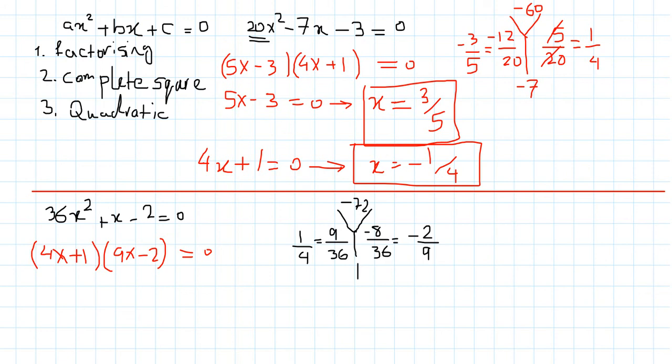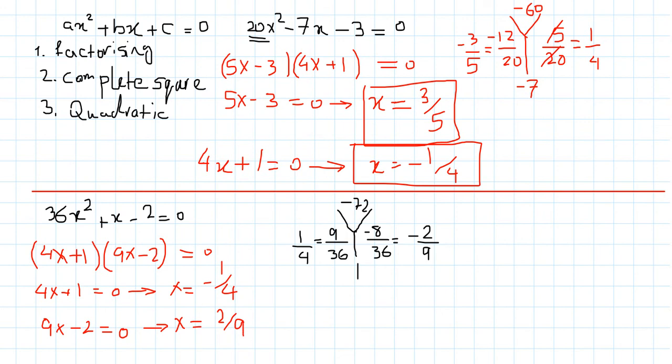So 4x plus 1, if it equals 0, then we will have x equals minus 1 over 4. And when 9x minus 2 is equal 0, then x is 2 over 9. These are the answers of this.